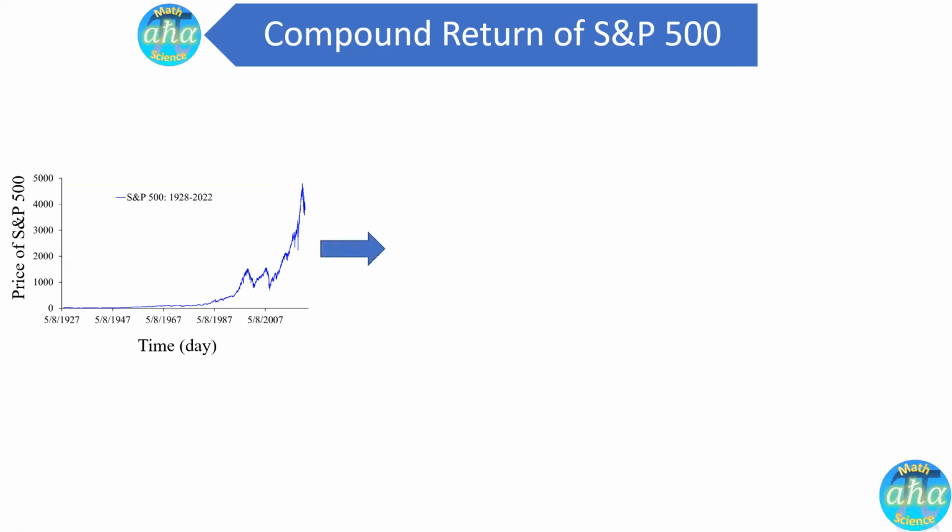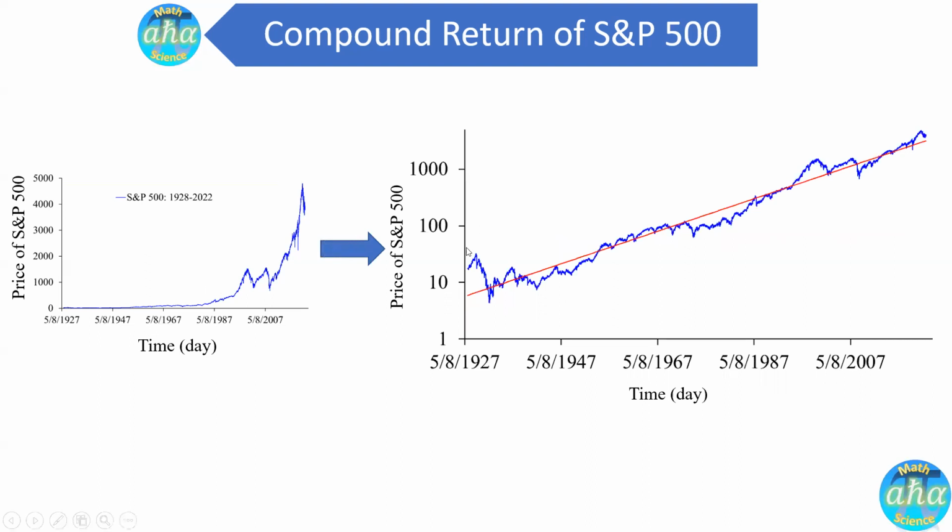Instead of this curve here, which is hard to read, when the price of the S&P 500 is plotted on a log scale against time in units of days, you can see that the price of the index almost falls on this straight line, right?